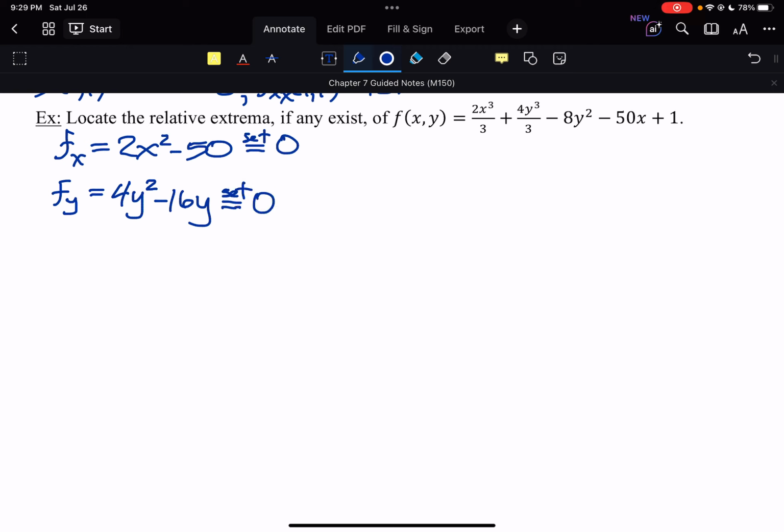We're going to set these equal to 0. Let's see, we get x squared is 25, so x equals plus or minus 5. This one, we get 4y, and then y minus 4. So we get y is 0, and y is 4.